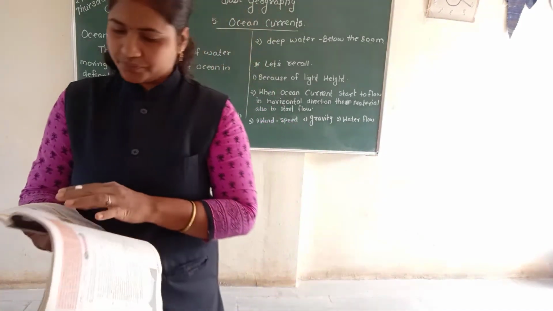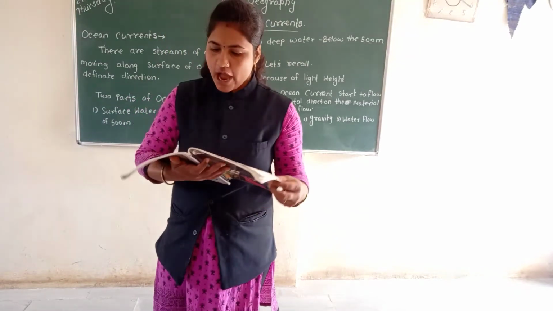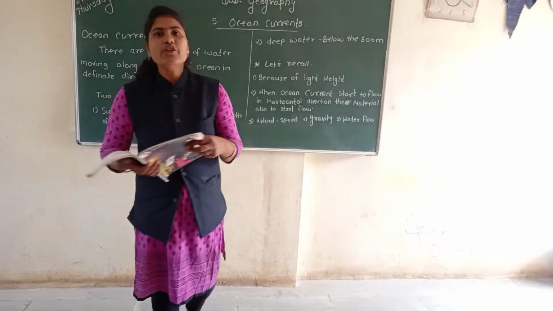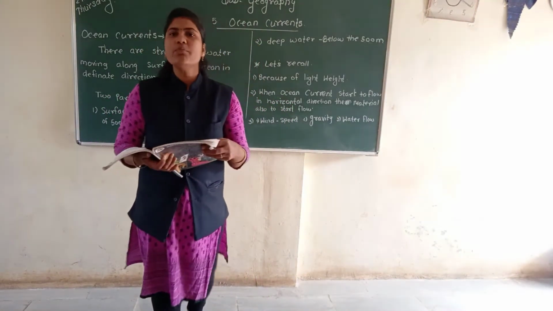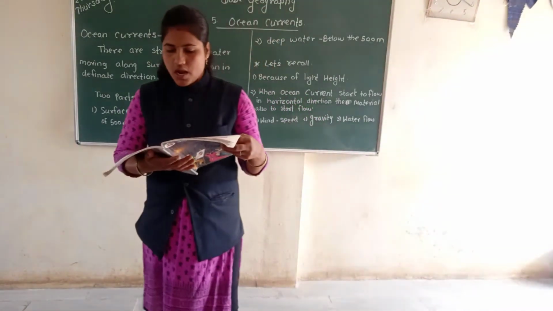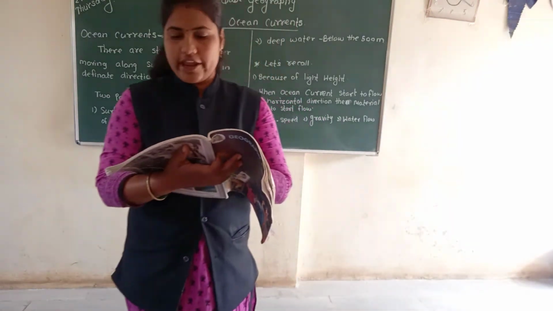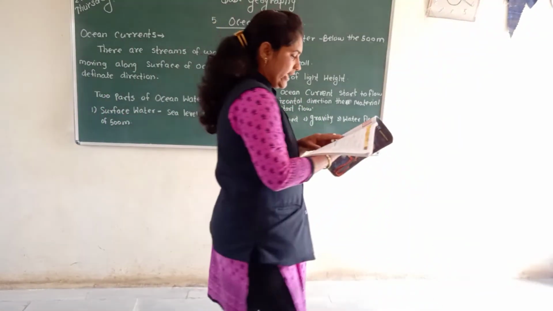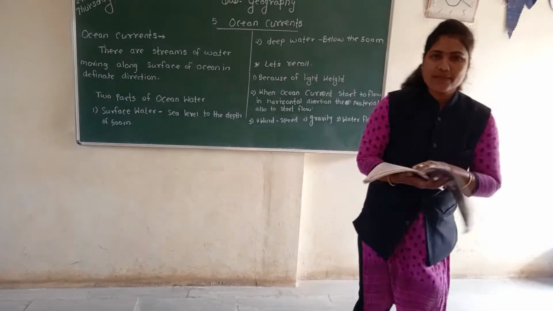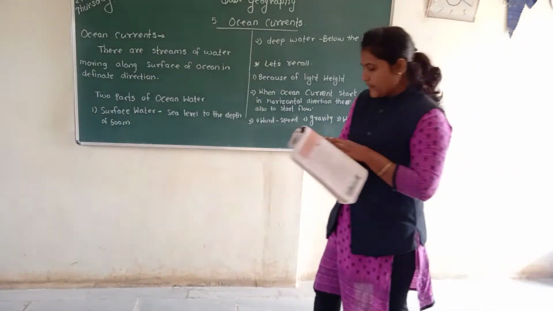Now try this. Here is one activity we have to do. Students, you can do it very easily, and the material will also be easily available in your home. The materials required are a large metal tray, water, plastic spoons, meaning small pieces of plastic, and a spirit lamp.